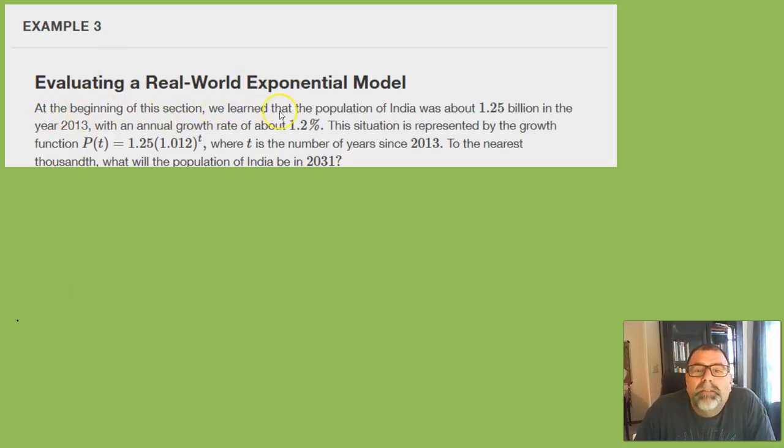At the beginning of this section, we learned the population in India was about 1.25 billion in the year 2013, with an annual growth rate of 1.2%.